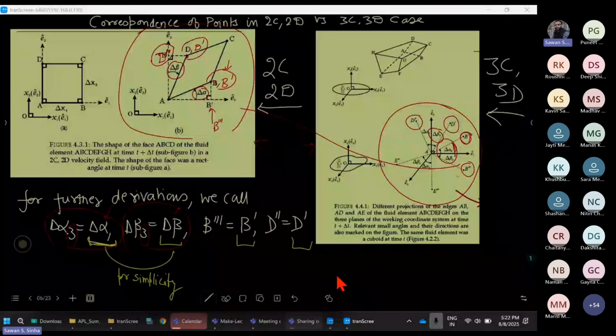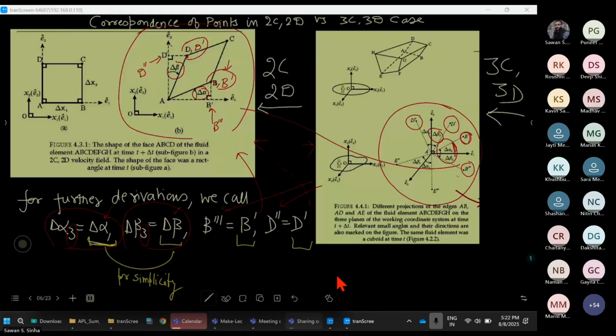And what I'm calling D double prime is actually D prime in this figure. It could be quite confusing. But again, my hope is when you read it, you will make sense of it. So this is the correspondence part for our understanding.